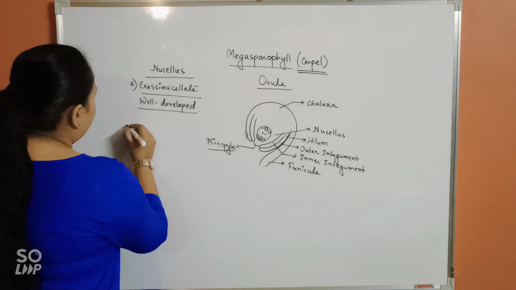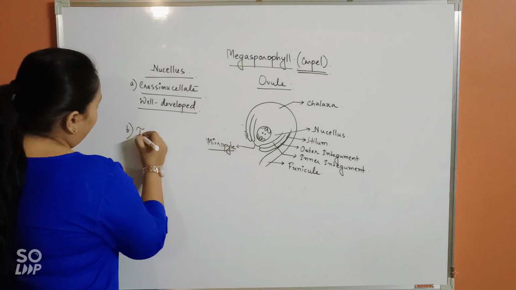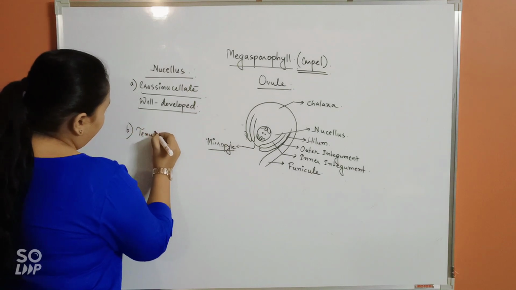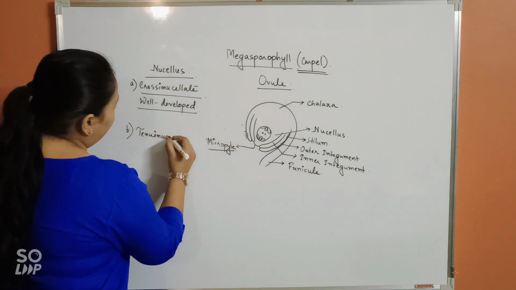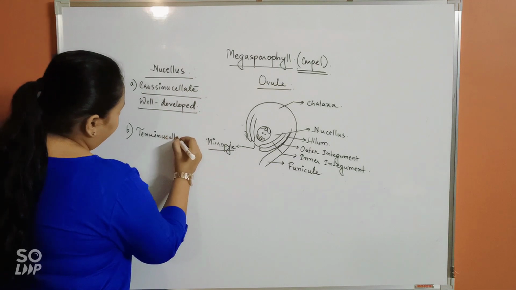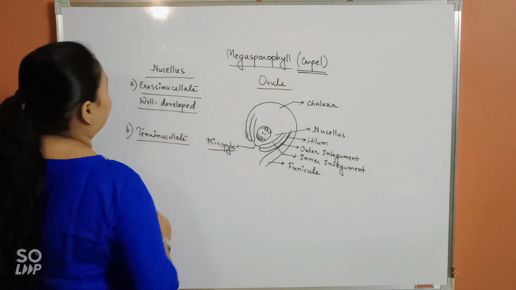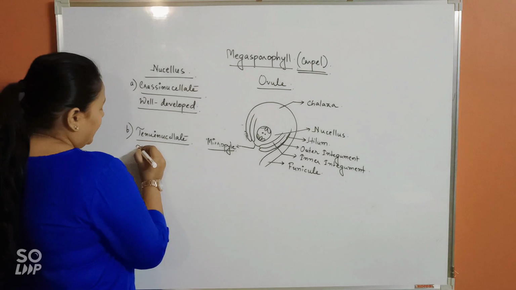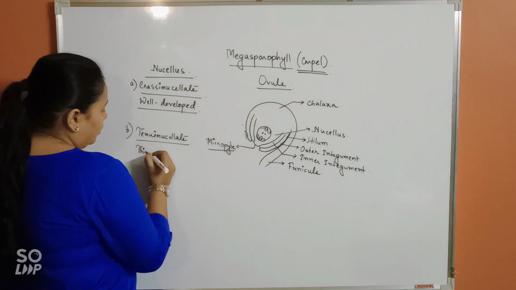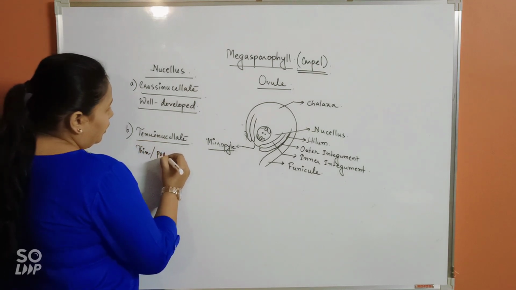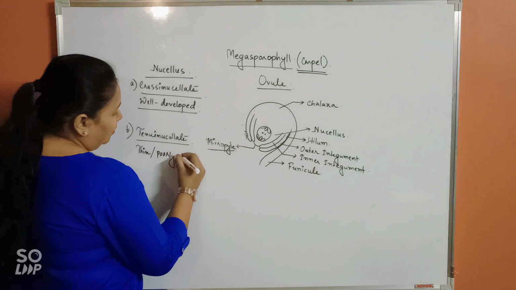Alright, and the second one, tenuinucellate, that is thin or poorly developed.